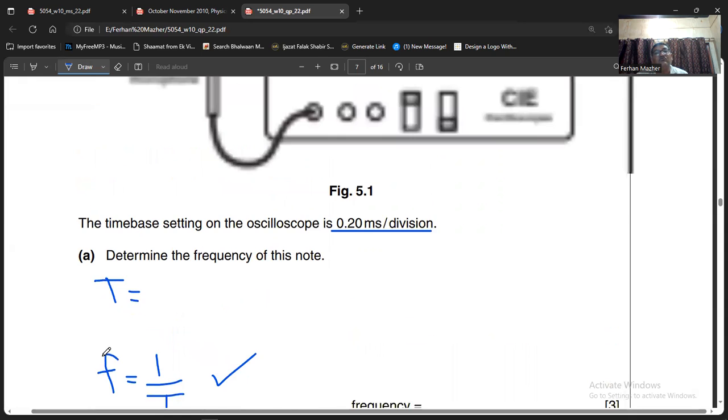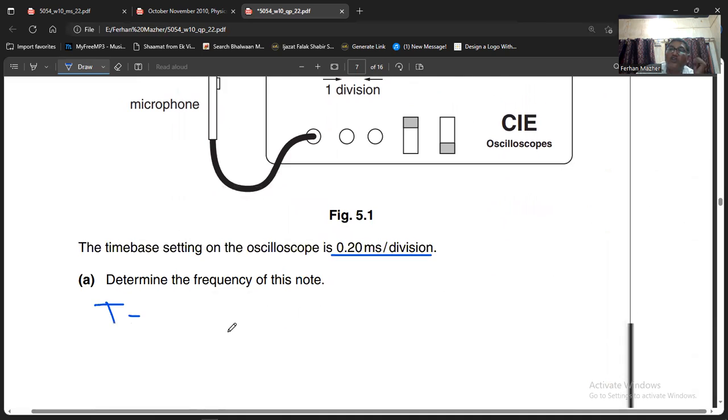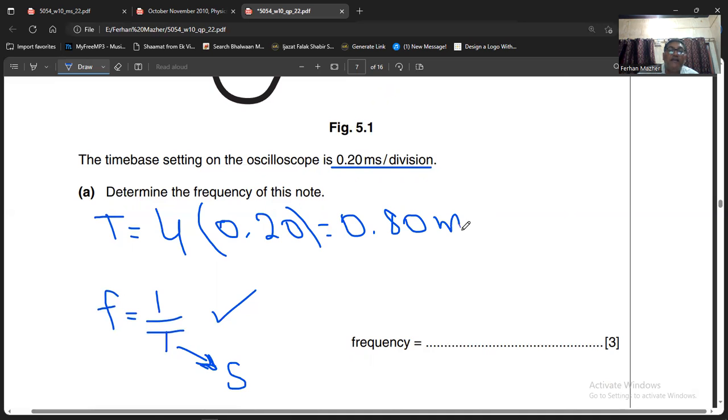Okay. So to complete one wave, there are 1, 2, 3, 4 horizontal squares. So the time period for one wave will be 4 times 0.20 millisecond. So you will get 0.80 millisecond.